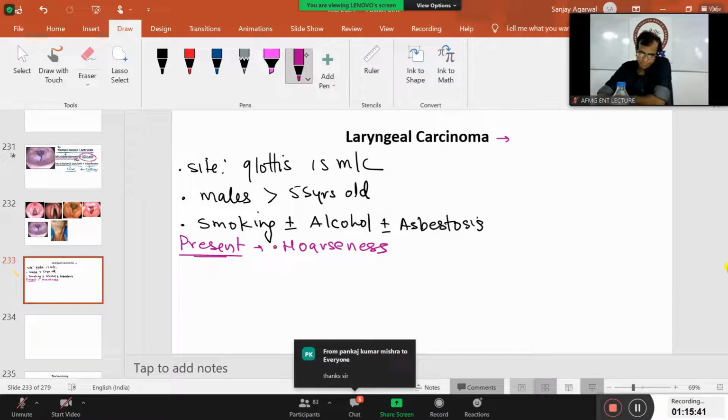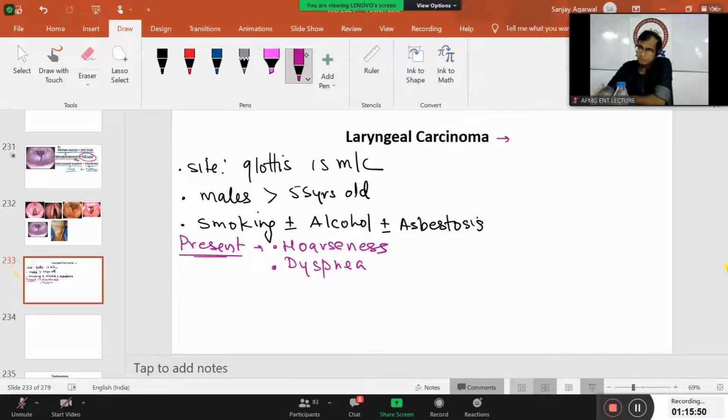Hoarseness. Then dyspnea, difficulty in breathing. These are the two most common complaints. Lymphadenopathy can happen.